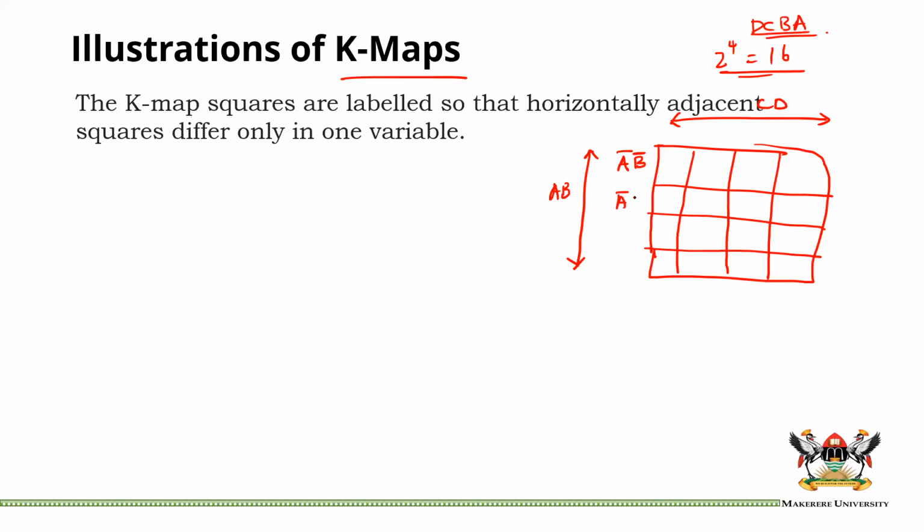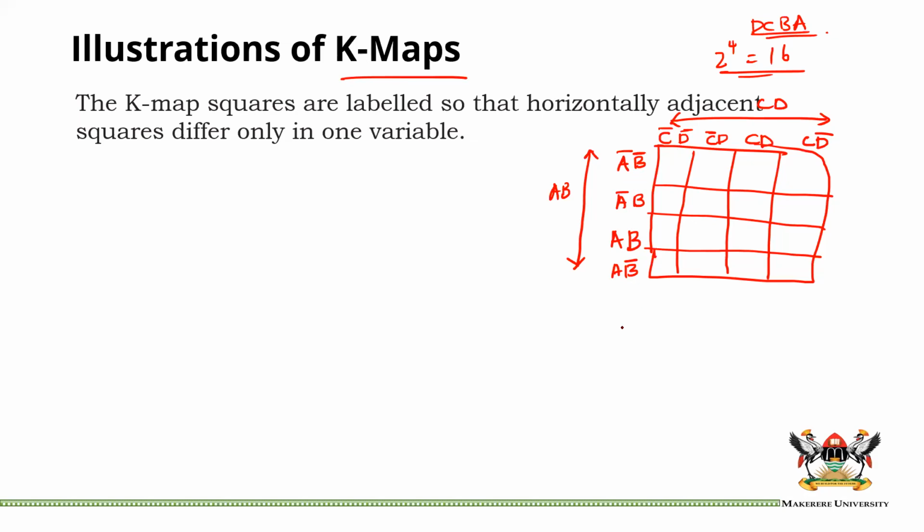Then we have A inverse B, AB, and then down here AB inverse. Similarly, we are going to have C inverse D inverse, C inverse D, CD, and lastly, CD inverse. You can see that the way these change is similar. We start with A inverse B inverse on that side, and on the upper side, we start with C inverse D inverse, and so on.